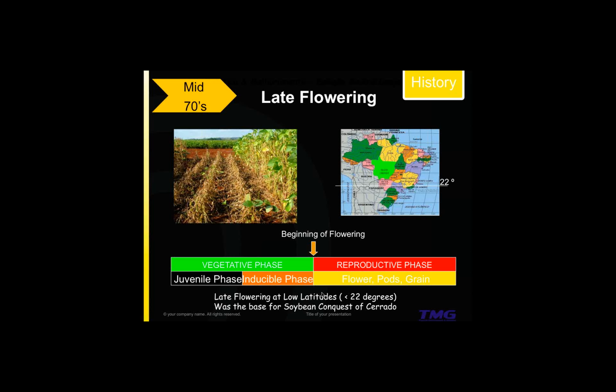These plants were then selected based on height, so everything between 80 centimeters and 1 meter would be sent to low latitudes to screen for local adaptation. So that was the strategy used to introduce these LG genes in soybean in Brazil.